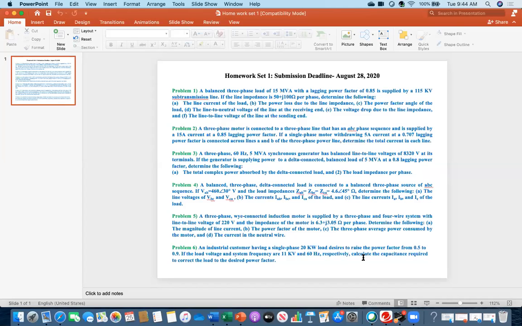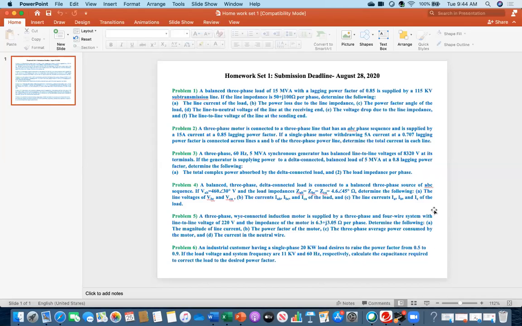Okay, so number 6, as of your current knowledge, so far what we discussed until the last class, you are able to solve 1 through 5, but number 6 is a different problem. Today I will be discussing something similar.